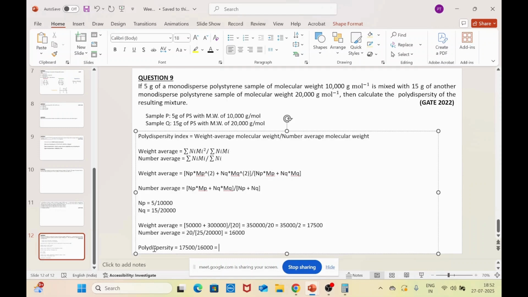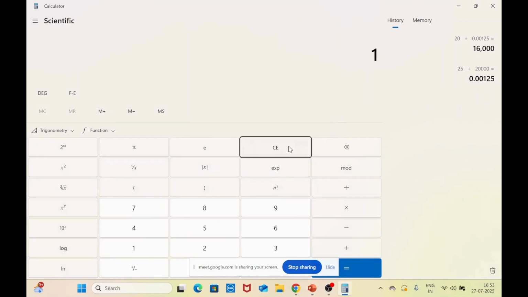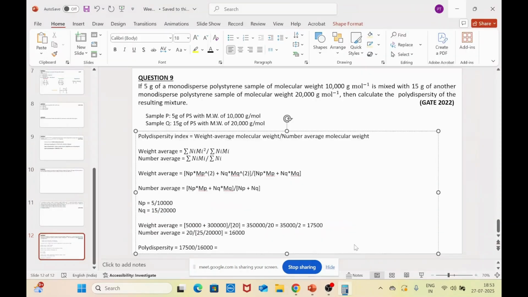That would be 175 by 160, which is 1.09. So the polydispersity index for this particular mixture is 1.09. Any other answers apart from this? I don't know. My calculations might have gone wrong.